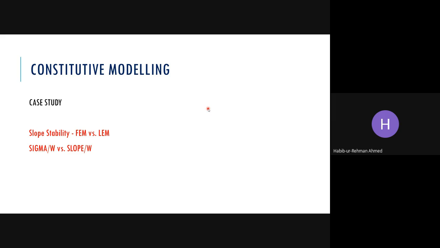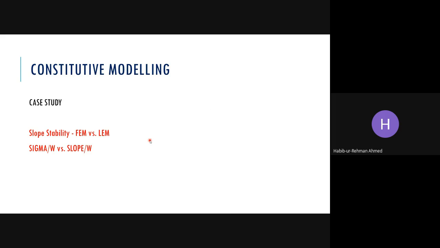I used Sigma W software for finite element analysis and Slope W software for limit equilibrium methodology. I presented this case study in a seminar at UET Lahore in 2005, so it's only 15 years back.